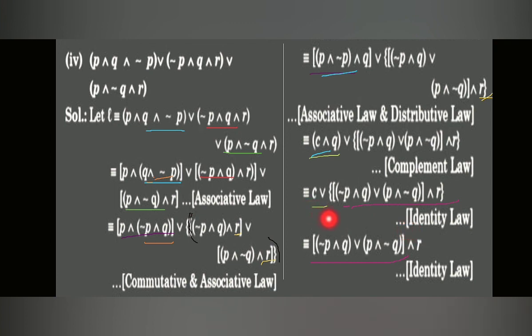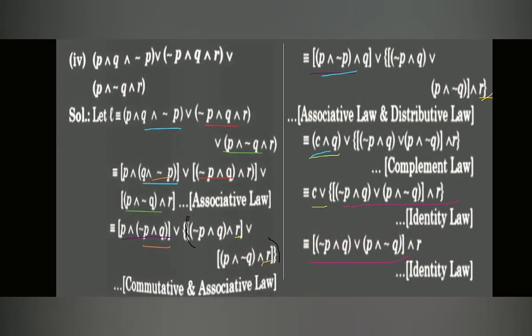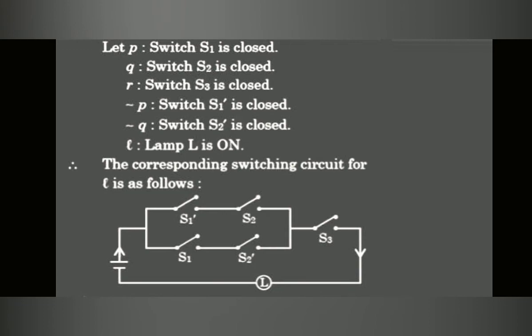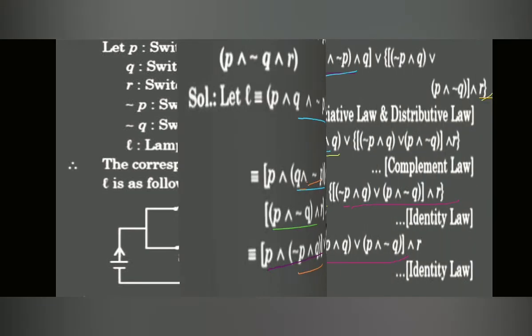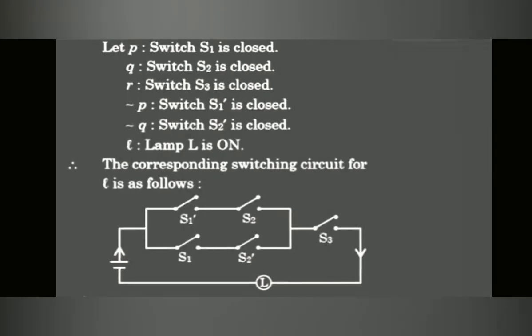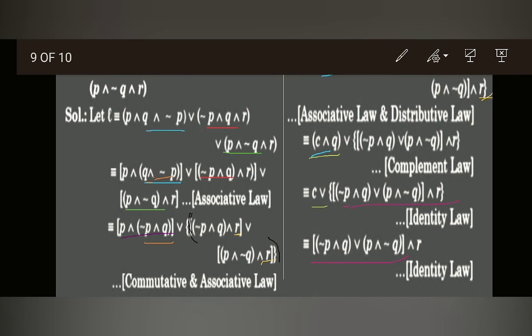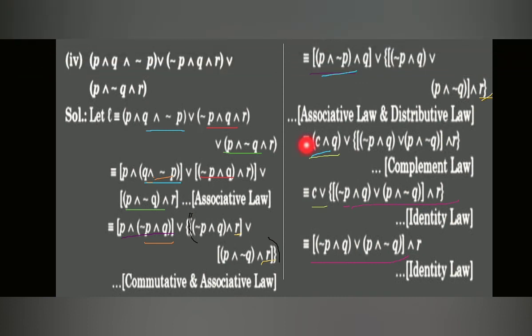Since this is the statement, draw a circuit. This is the circuit for this statement. ¬P means S1' in series with Q statement means S2.